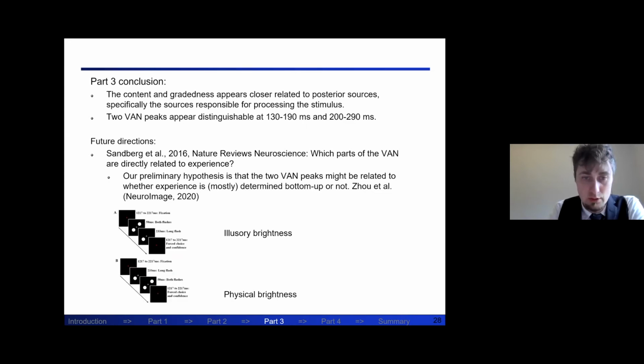What he was doing was using an illusion called the temporal context effect. It's an illusion where a short, briefly presented flash, which was 50 milliseconds, appears either dimmer or brighter depending on the context of a long stimulus that lasts 230 milliseconds.